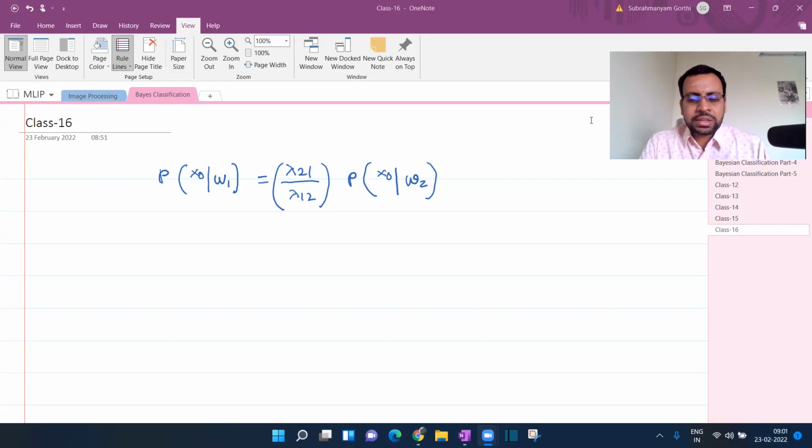In the last class of our Bayesian classification, we have studied minimizing the average risk. So that's what we have been analyzing in the previous class.